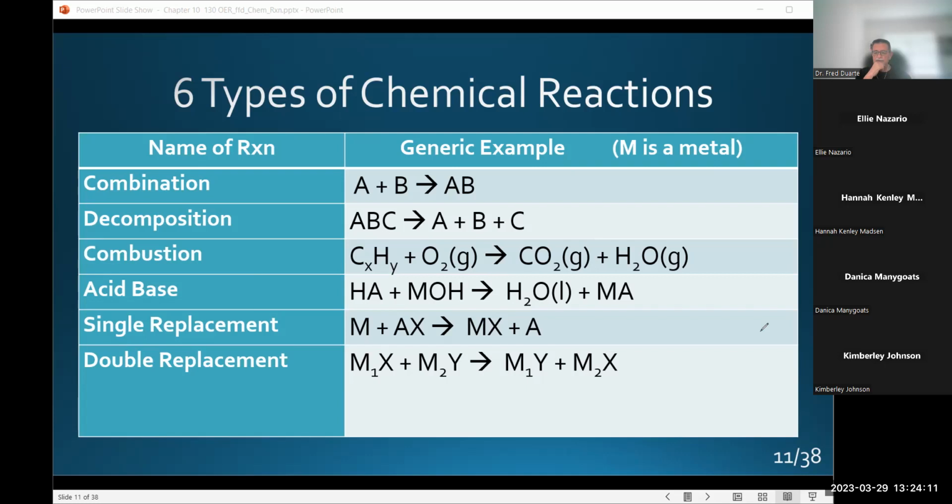For a decomposition reaction, you always begin with a compound that breaks down back to the elements. And if you look at the single replacement reaction, you will see that you always start off with a metal in elemental form and a metal in ionic form. And then the last one, no question here, the majority of the time you're dealing with polyatomic ions.